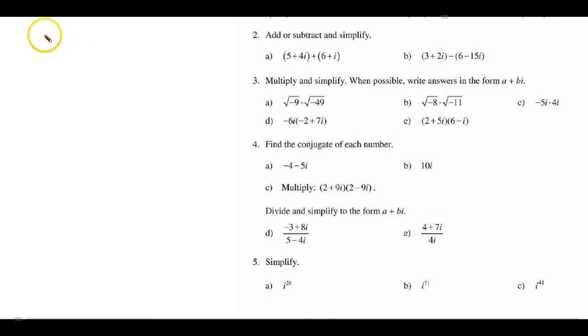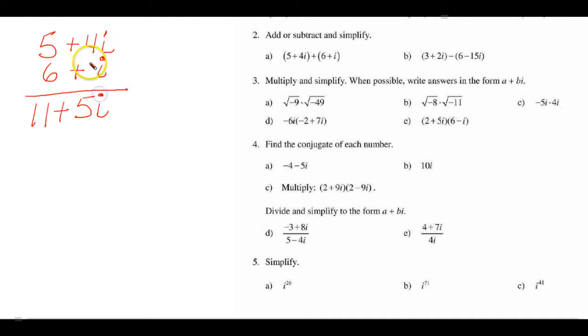So a suggestion would be you put them in like term columns. Now again, you might do this mentally, but this is just a suggestion. And if you want to put a 1 there, that's fine. Now for this subtraction, again, we can put the first one there.